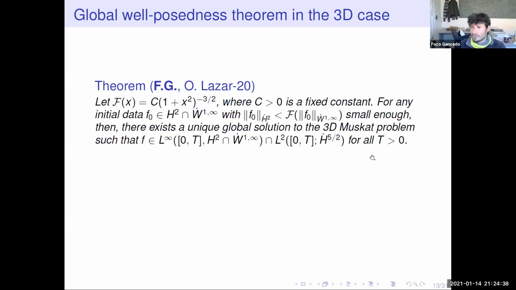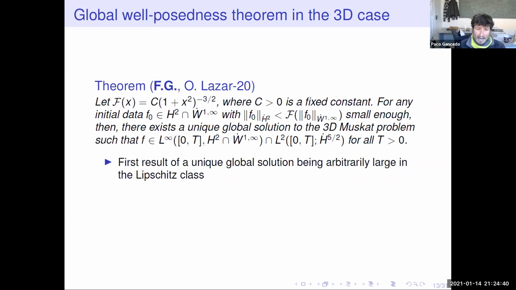This solution is unique. This is the first result with this feature, with a large Lipschitz class in 3D, and also being critical. It gives smoothing, and the techniques or ideas that we use can be extended to the two-dimensional setting, giving a different proof of the result that I already told you.